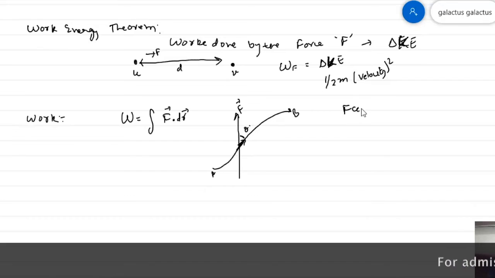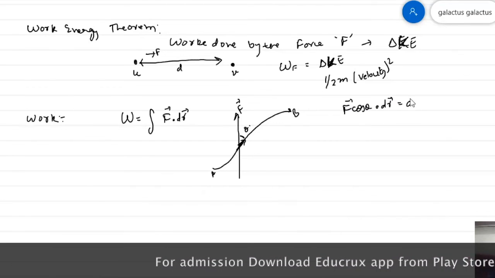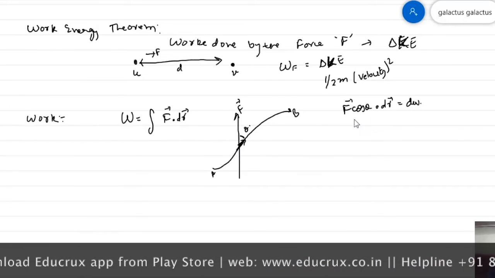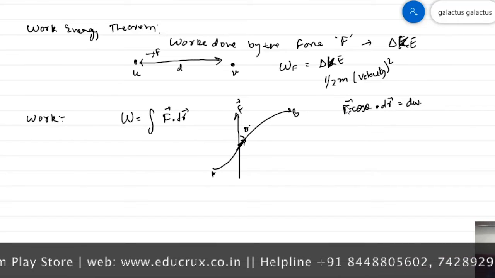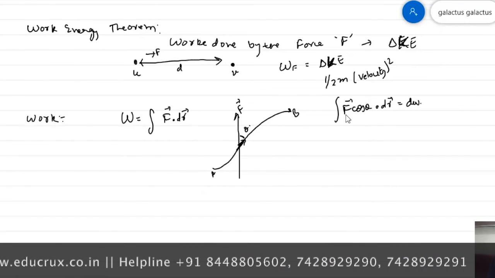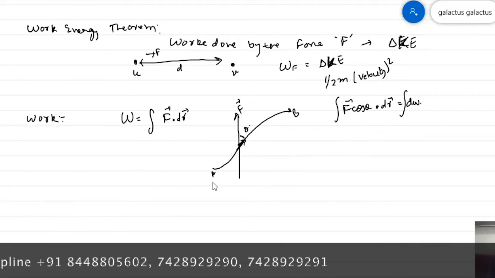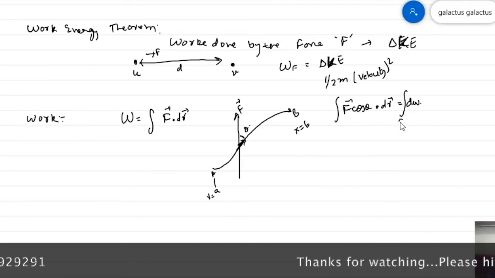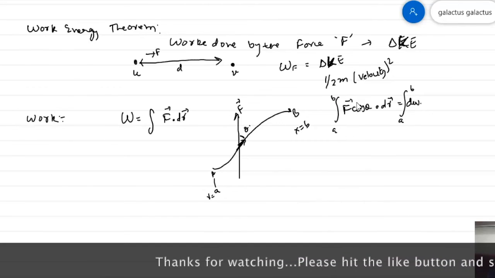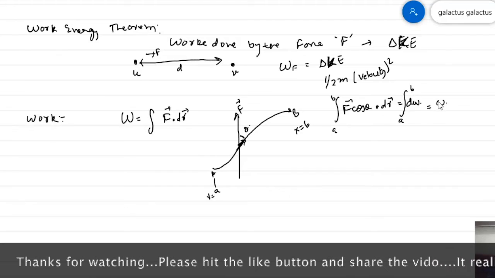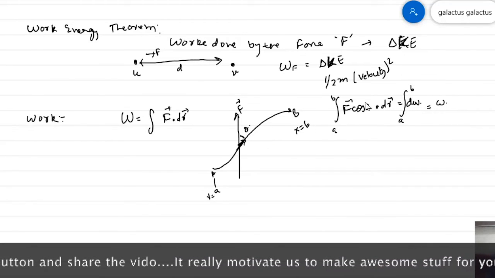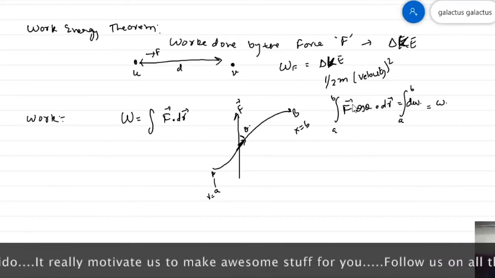Then F cos theta times dr represents dW, the work done to carry a particle through a displacement dr under the effect of force F. If I integrate this quantity from x equal to a to x equal to b, I get the work done by the force F to move a particle from point A to point B.